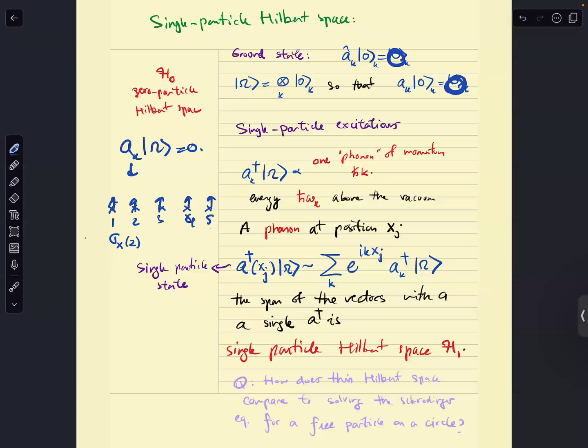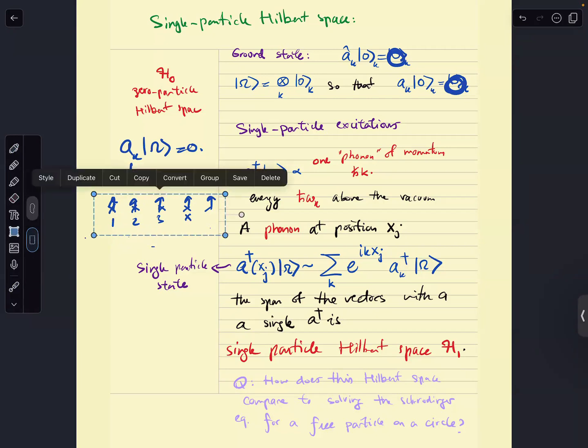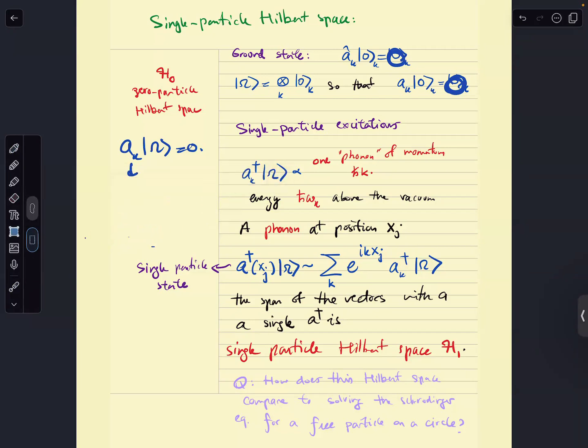I don't have to necessarily write identity, tensor this, tensor identity, and so on. I just write this. It means the same thing. Oh, okay, thank you. Good. This notation is very common. It's almost inevitable when you're dealing with multi-particle systems. It's exactly the multi-particle aspect of it, so I have to use this notation. Otherwise, it's impossible to keep track of.